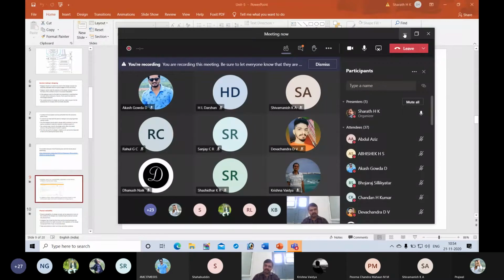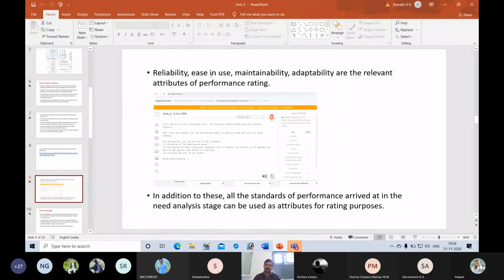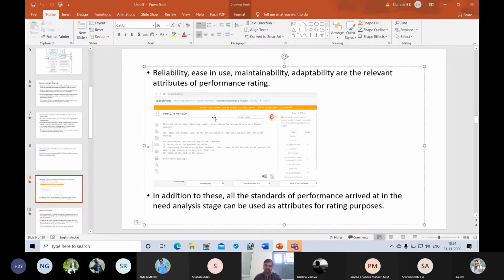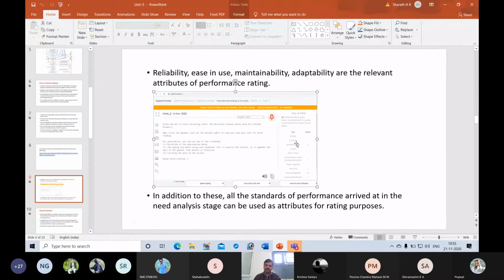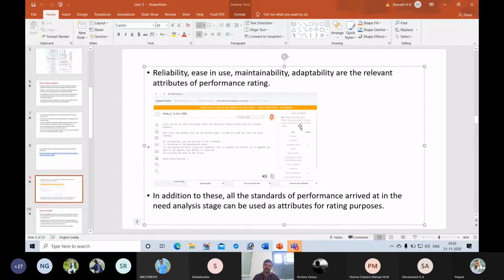So if you consider ease in use, now when there is rapid change in technology, if you think you can achieve ease in use by redesigning the keyboard, when people are thinking about voice to text, if you are thinking only about how to rearrange the keys in the keyboard and make it user friendly, then your product or your service will become outdated. So you should keep in mind the upcoming technology as well as the present technology. Okay, so reliability is in use.